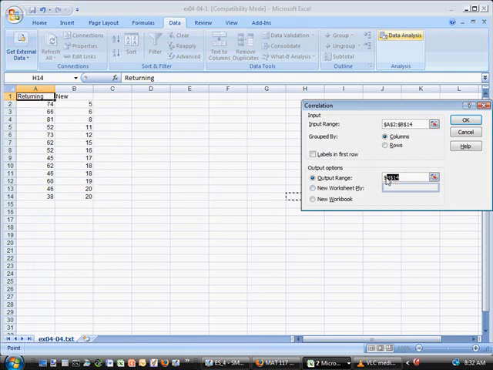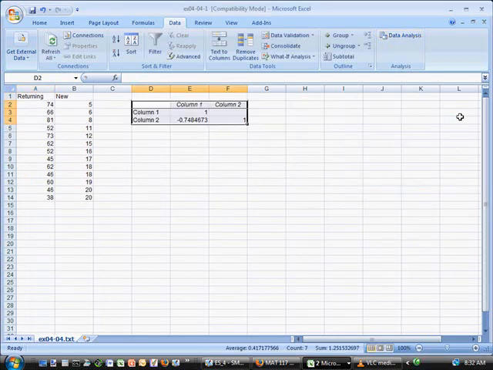Let's bring it back over here, and that should do it. And you can see there we got a negative 0.7448. Negative 0.748 is not bad, and it's going downhill.